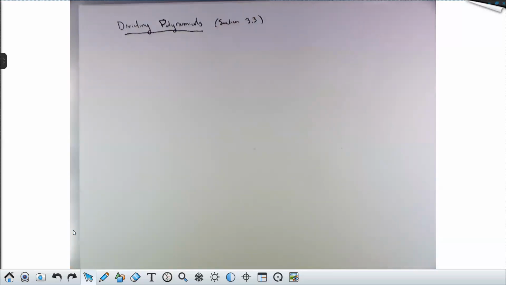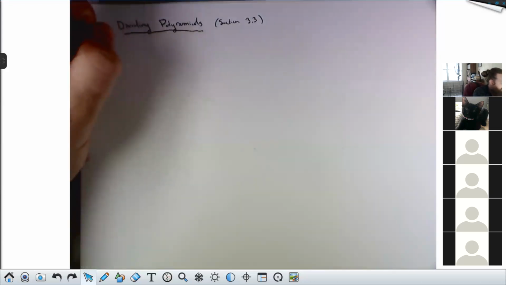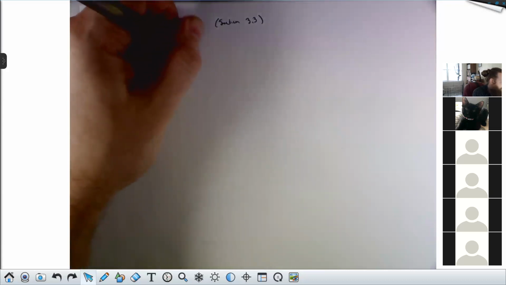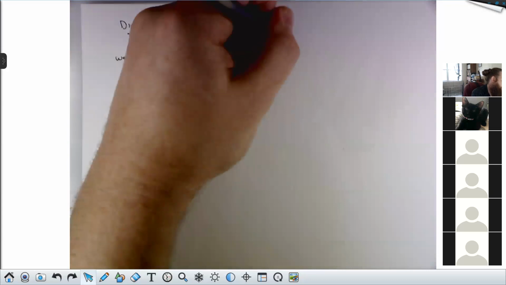Well, if you're trying to factor a big polynomial, one way to do that is to try and divide that big polynomial by some factors and see if you get something nice. So we can divide polynomials a lot like dividing integers.